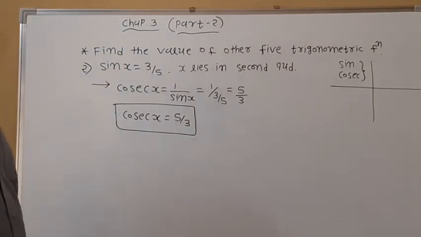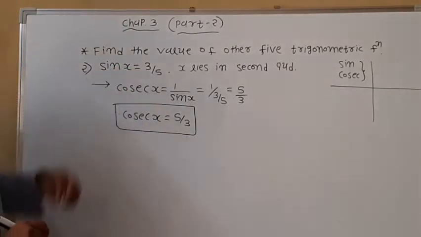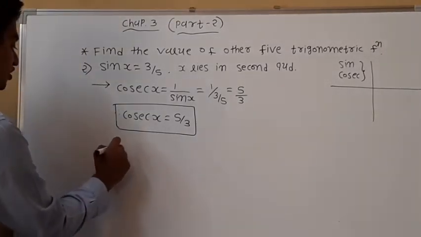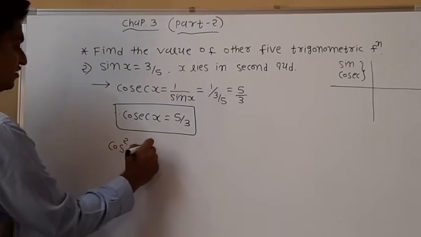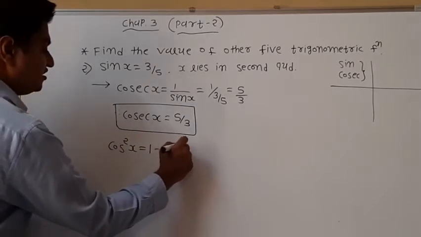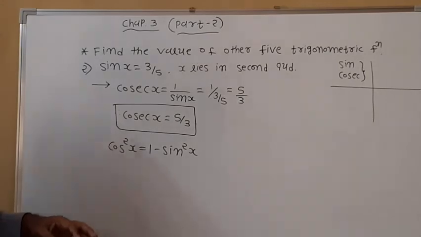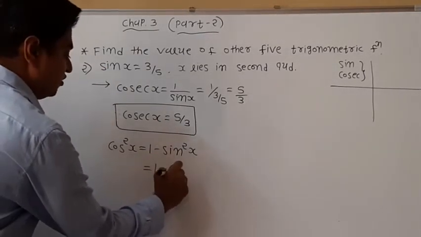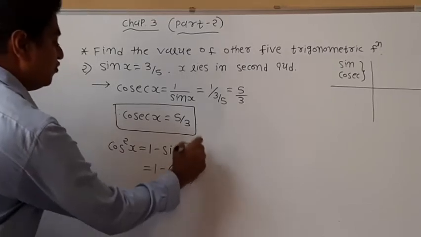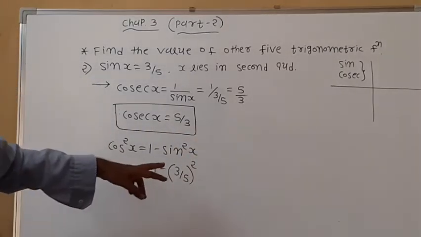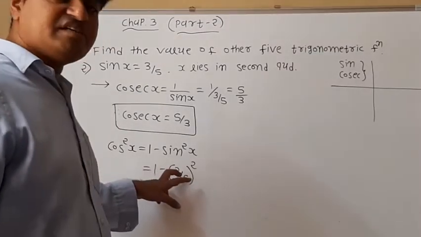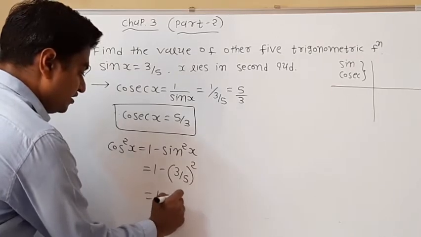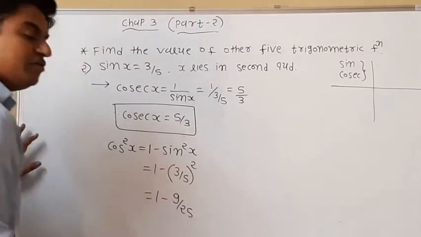Now for the second value, cos x, sin x is given here as 3 by 5. So we know that cos square x is equal to 1 minus sin square x. Now here substitute the value of sin. So the value of sin is 3 by 5 whole square. Now simplify this term and take LCM. So it is equal to 1 minus 9 upon 25.